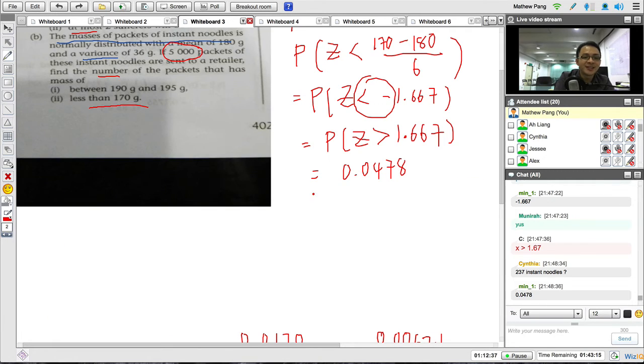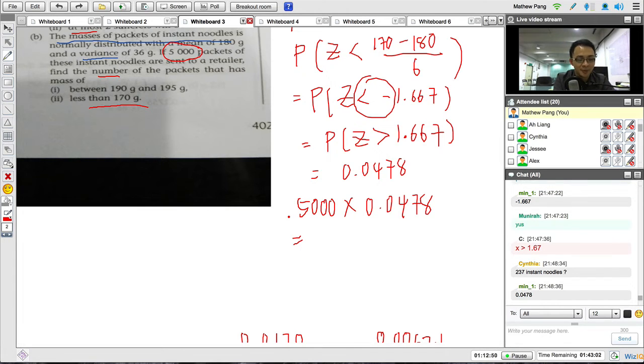Okay, so now you got 5,000 instant noodles, right? You just multiply by the probability, the answer you got. Then I just use this one, 0.0478 multiplied by 5,000.